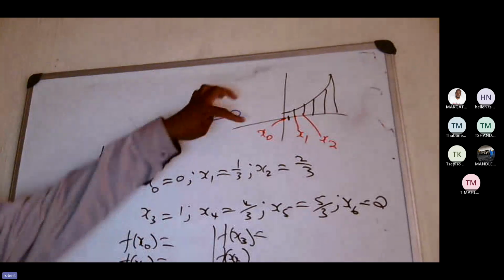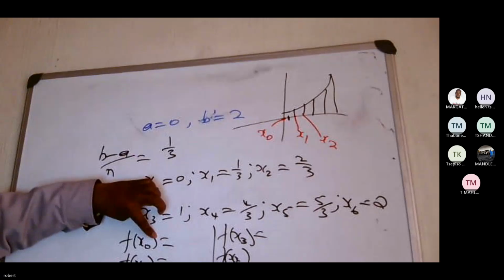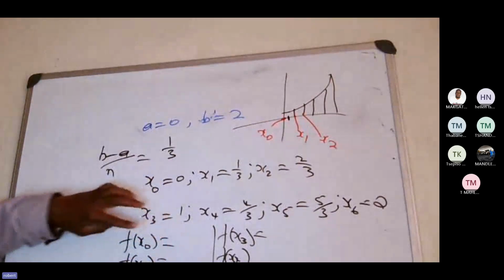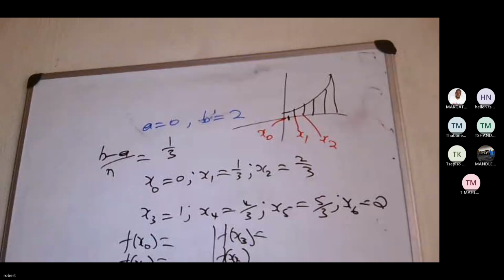We are not going to find f of x0. No. We're not going to find f of x1. We're going to use the x between x0 and x1. Does it make sense?